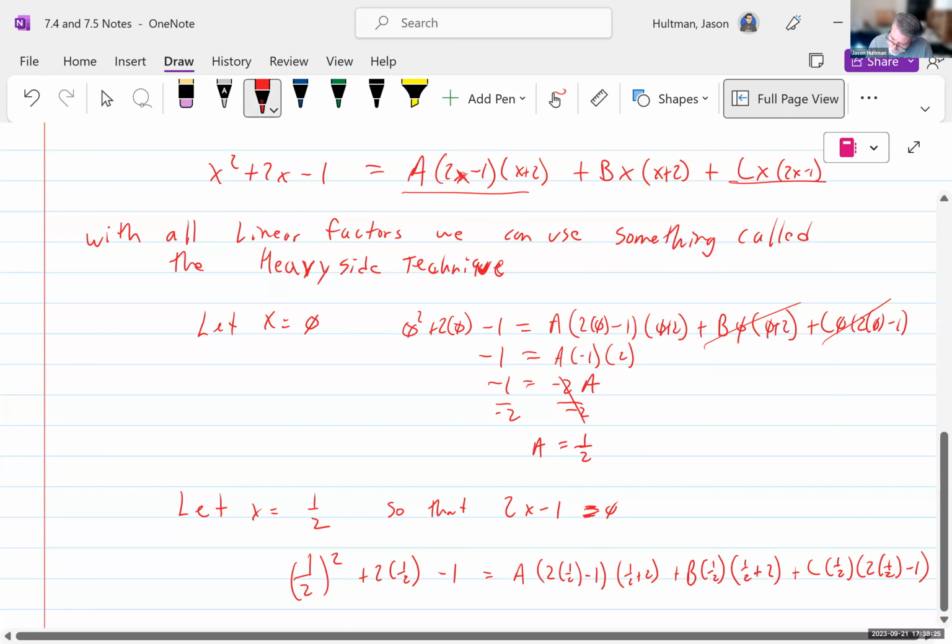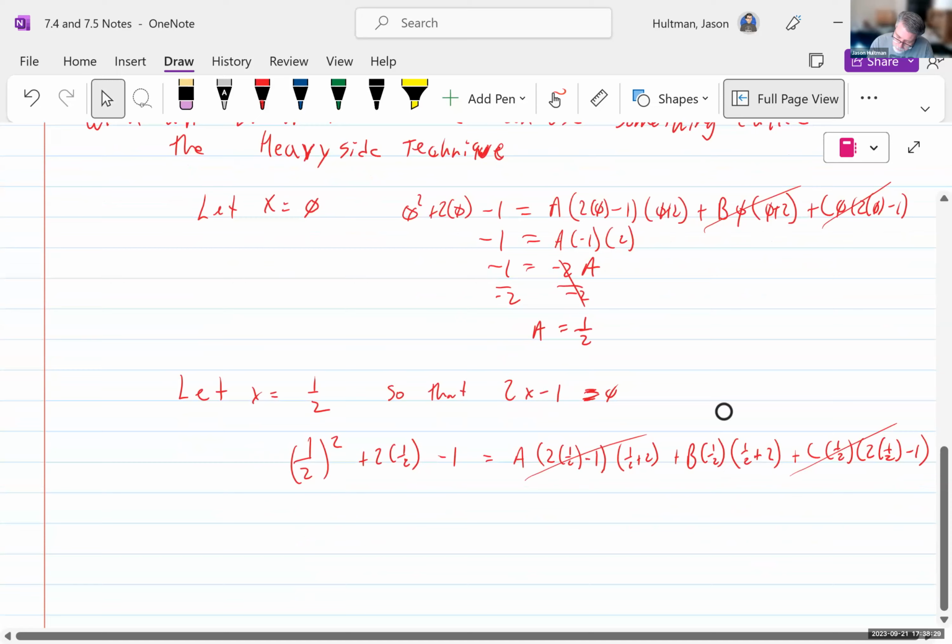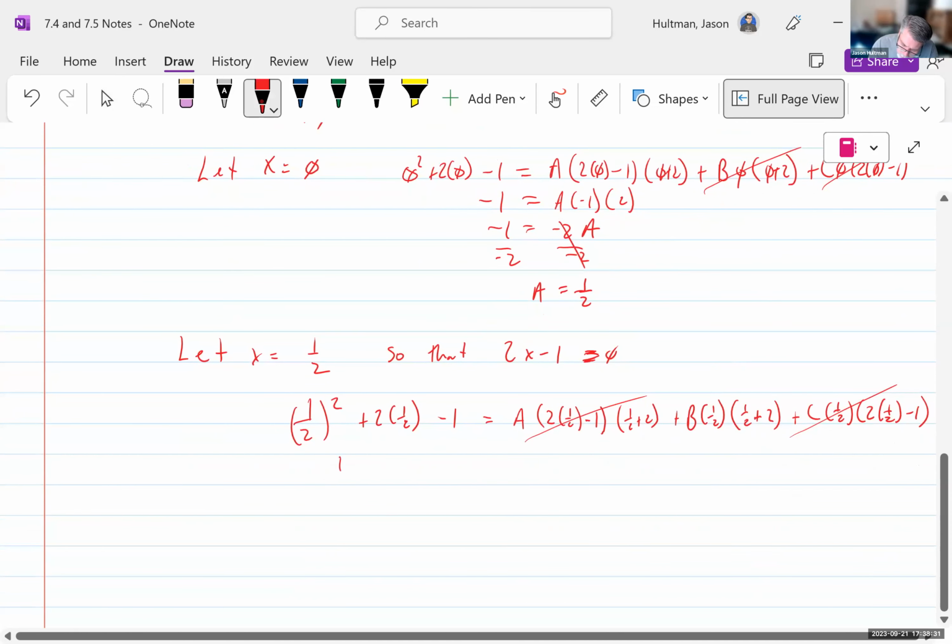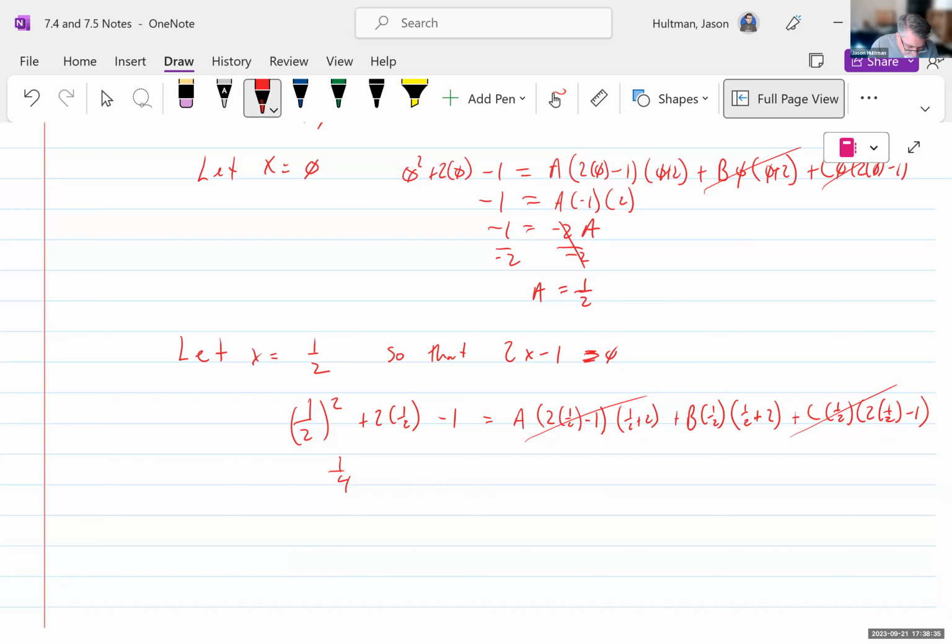Again, the A term and the C term are going to cancel out. 1/2 squared is 1/4. 2 times 1/2 is 1 minus 1, so that goes to 0. So this will just be 1/4.